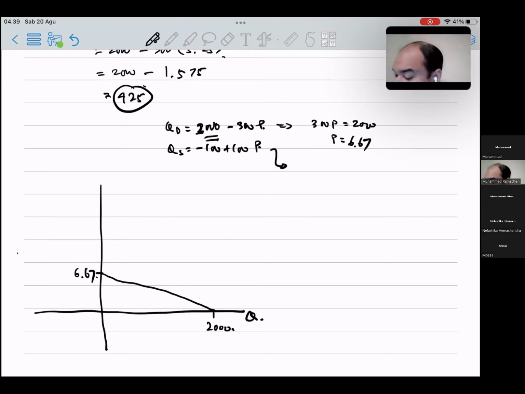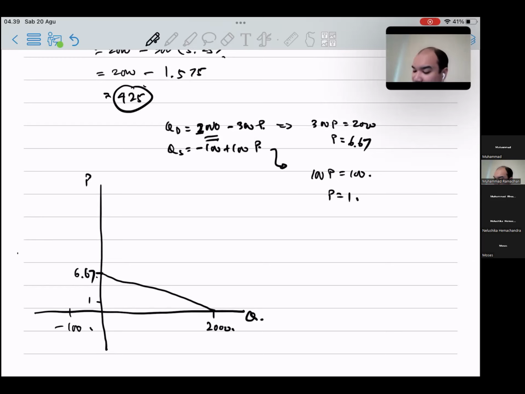Suppose P is 0, then QS is minus 100, so maybe here. And when Q equals 0, 100P equals 100, so P is 1.